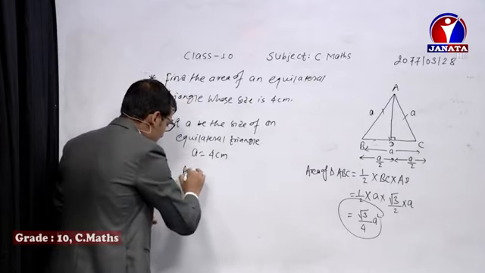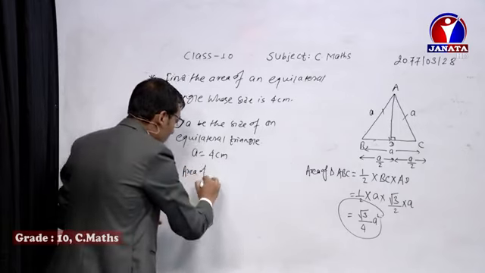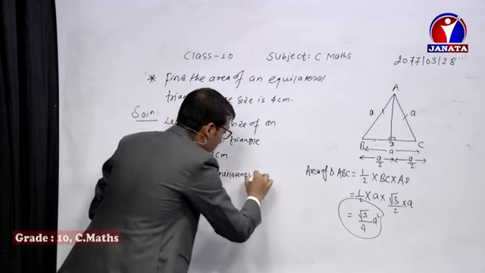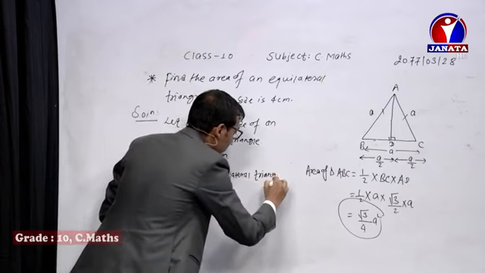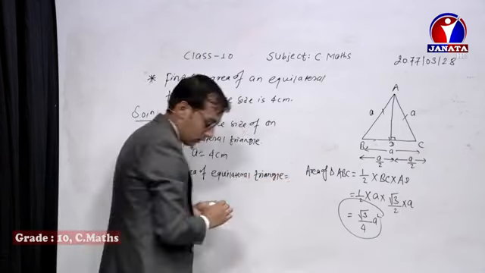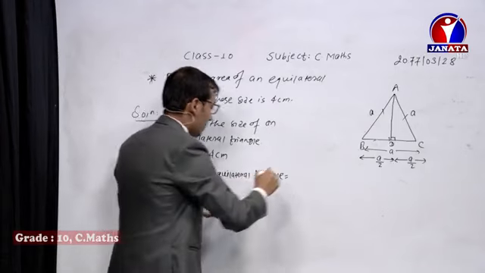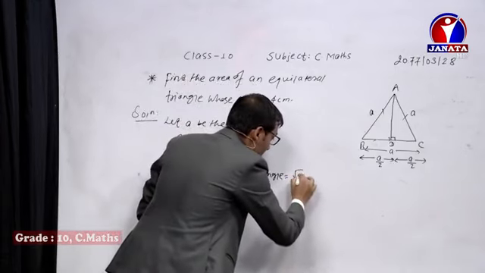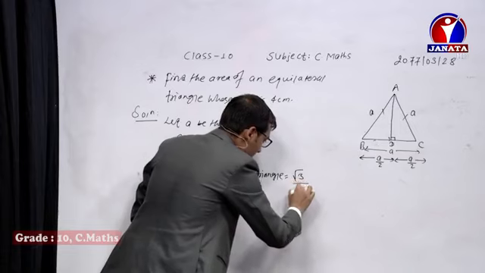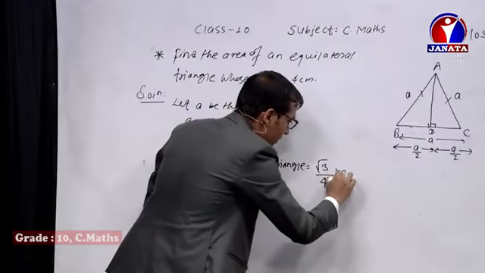So the area of an equilateral triangle is, let's write the formula for the area of an equilateral triangle. The area of an equilateral triangle is square root 3 over 4 times side square.